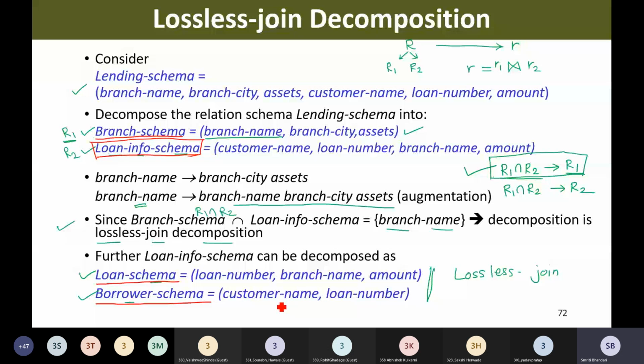If this is the case, then we may say that this decomposition is lossless join decomposition. And what we find here is loan number is determining branch name and loan number is determining amount. So loan number is the super key for loan schema, and that is why we may prove that this decomposition is also lossless join decomposition.